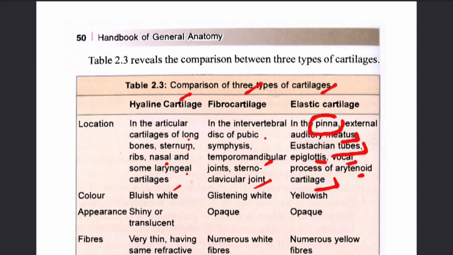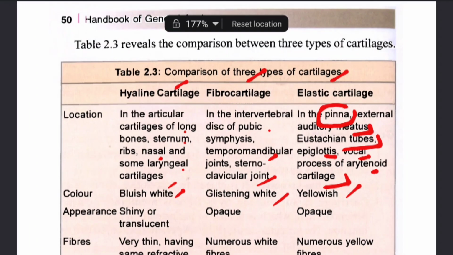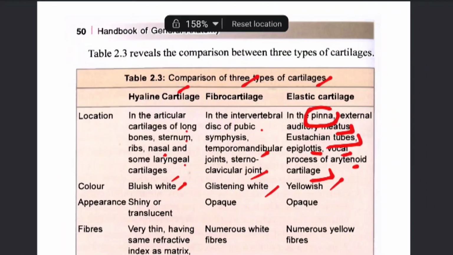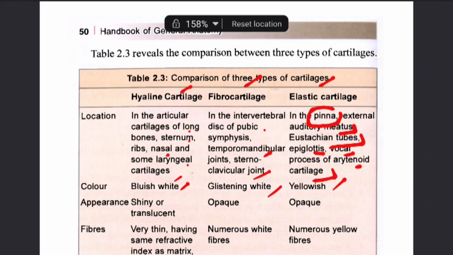If we talk about the color, hyaline cartilage is bluish white, as we have seen in the diagram. Fibrocartilage is glistening white. Difference is there. Hyaline is bluish white, and the elastic is yellowish because the yellow fiber is more prominent here. If we talk about the appearance, hyaline cartilage is shiny and translucent, but the other two are opaque.